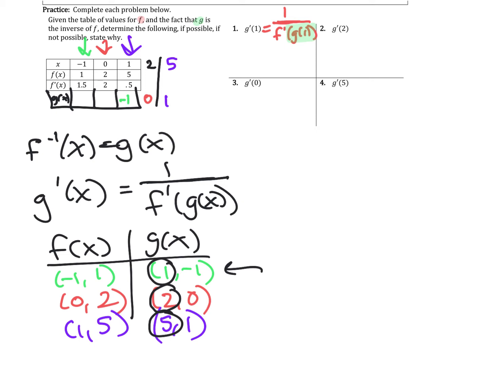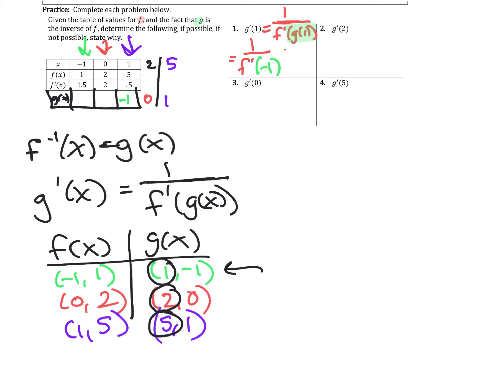There we go. So what do I need in order to answer question 1? I need to know what g of 1 is. Well, g of 1, I can find from my table right here. g of 1 is -1. So let's just plug in that piece of information. That means this is going to be equal to 1 over f prime of, what did we say g of 1 was? -1.